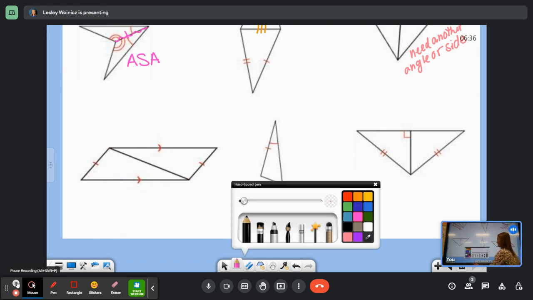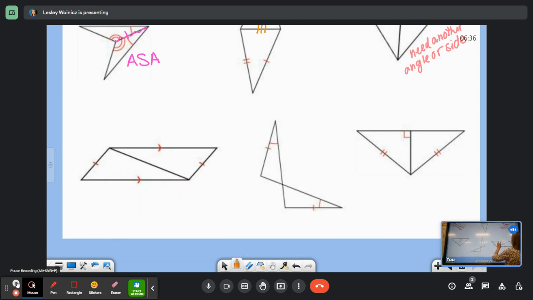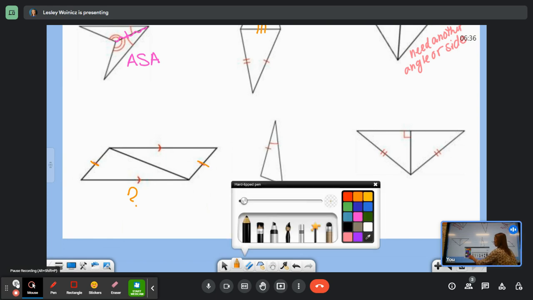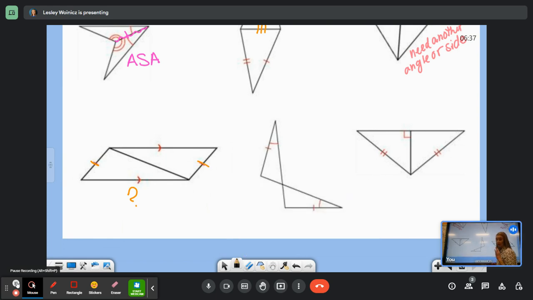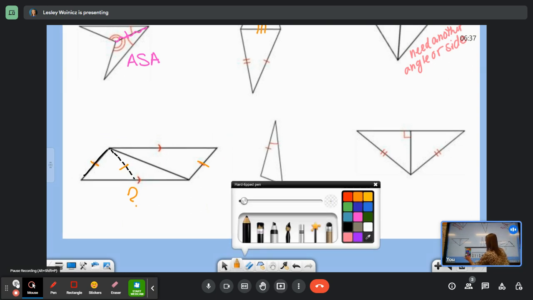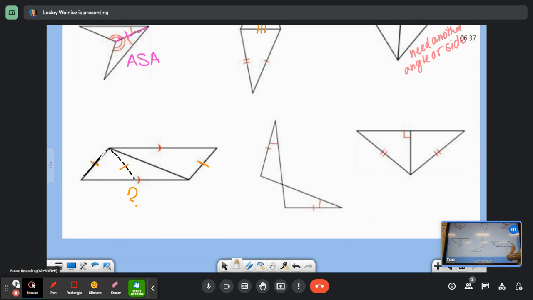We don't have any information about how long this side down here is. All that we know is that these two sides are congruent. So what could happen, because these figures might not be drawn to scale, is that this side here could actually be here and congruent to this other side. Now, see how that changes my picture.